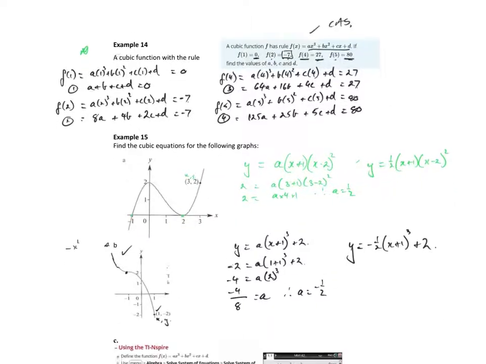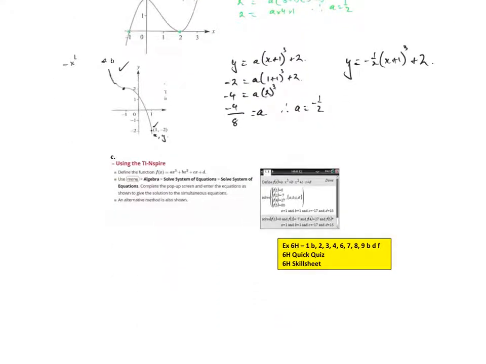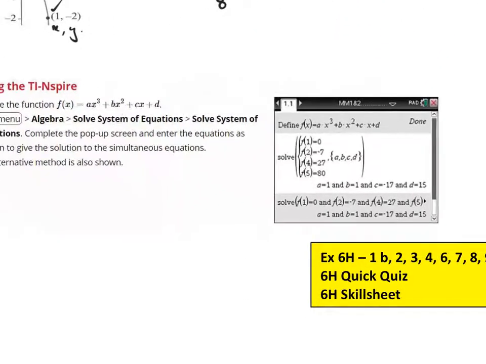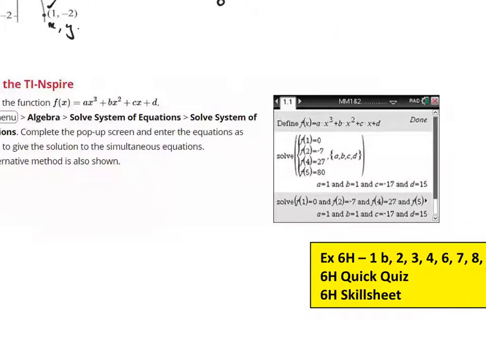If we go down to the bottom now, and we'll just increase our magnitude a bit, we can see that I've done the same thing on the CAS, except this time I've changed the equations slightly so that instead of having to write out a plus b plus c plus d and evaluating everything, I can just put in f of 1 is, I define the function.